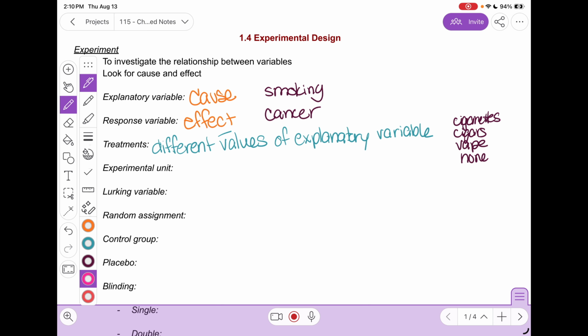The experimental unit is the person or thing being studied, because sometimes you do experiments on like mice, right? Lurking variables are additional variables that could contribute.